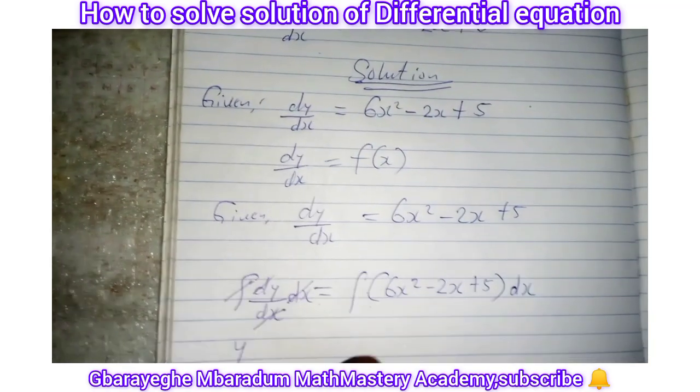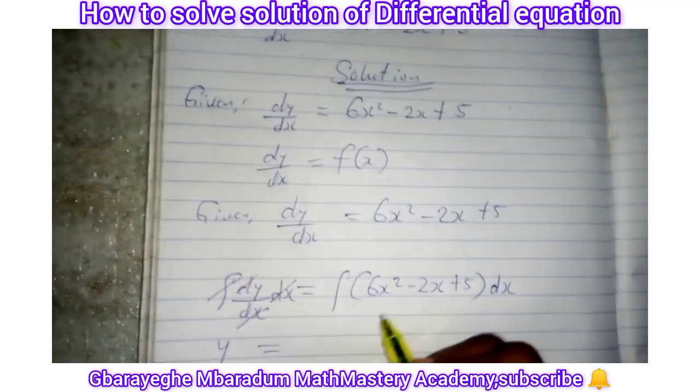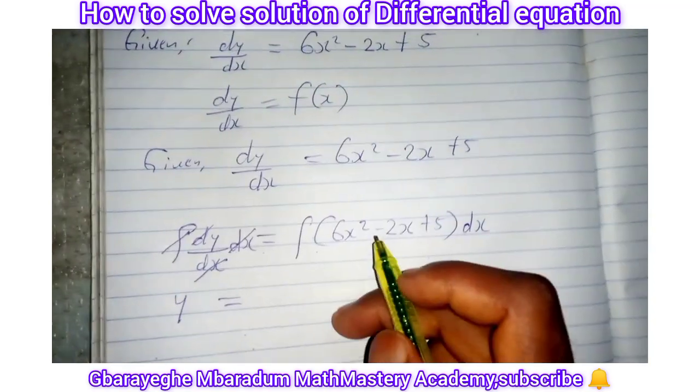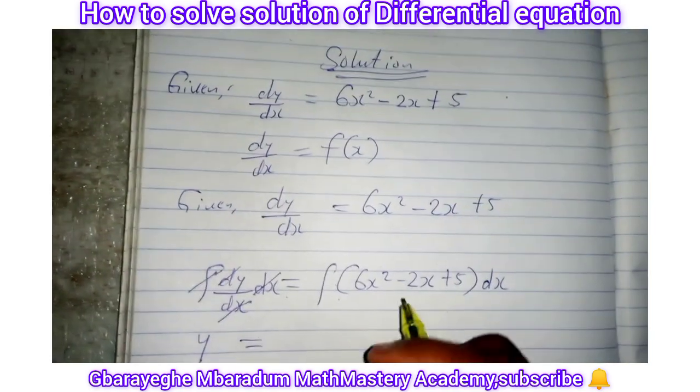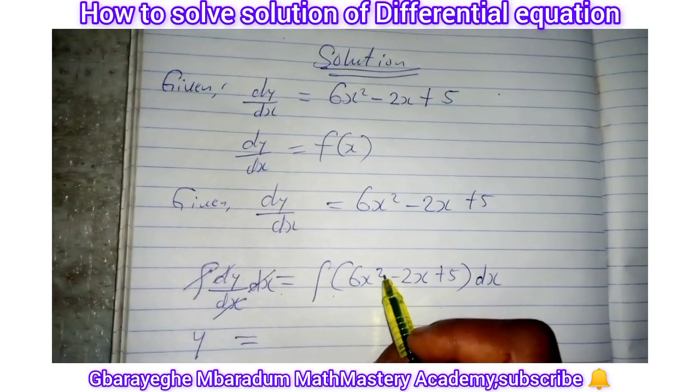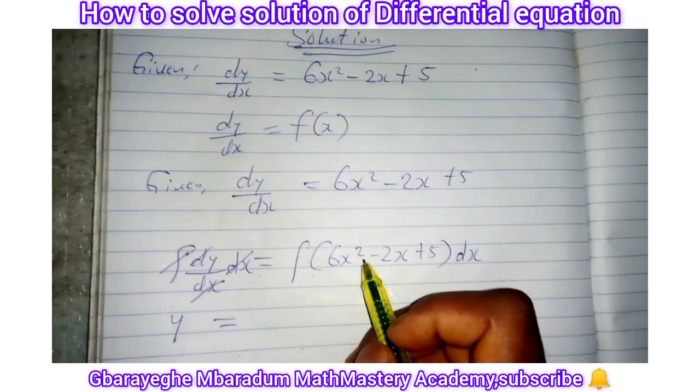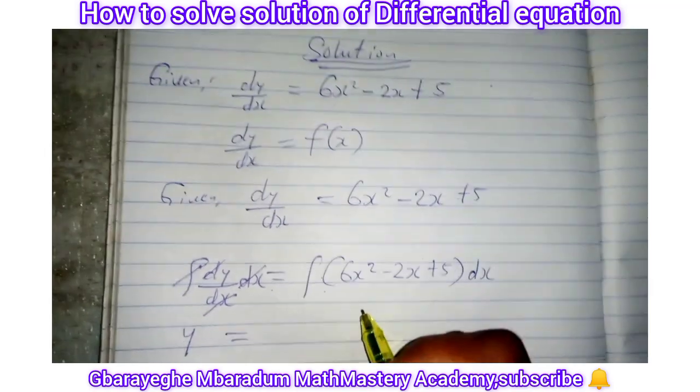So we're going to be left with y equals, now we integrate each of the terms in this function. When you talk about integration, we're adding 1 to the power and dividing by the same power.